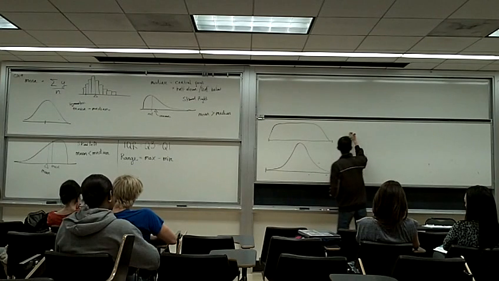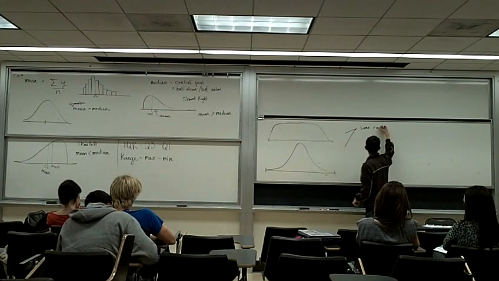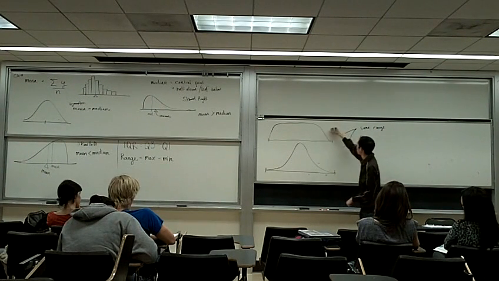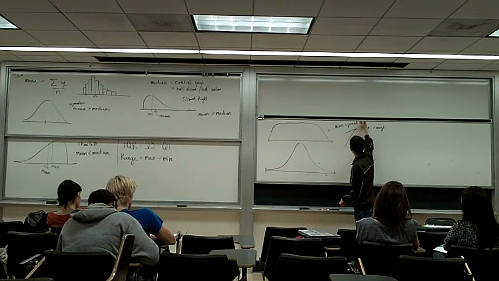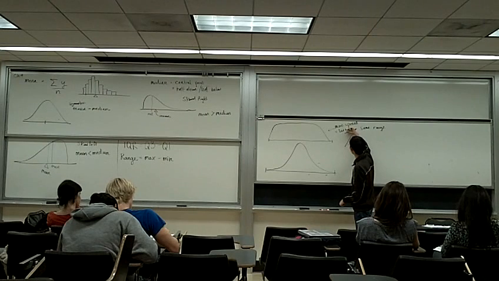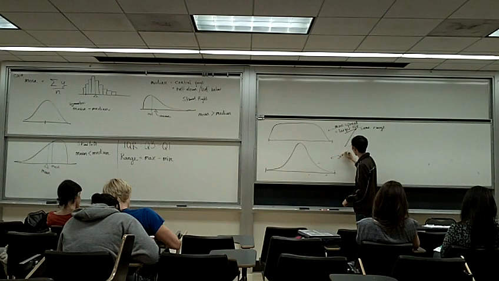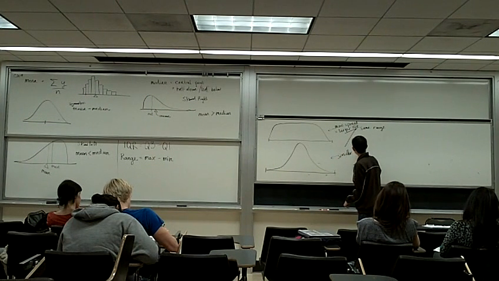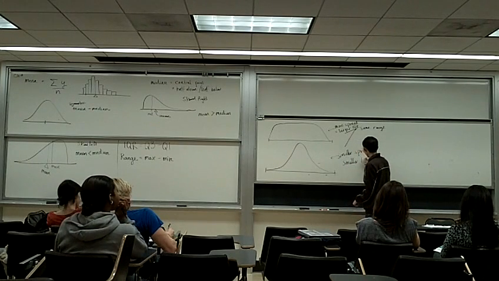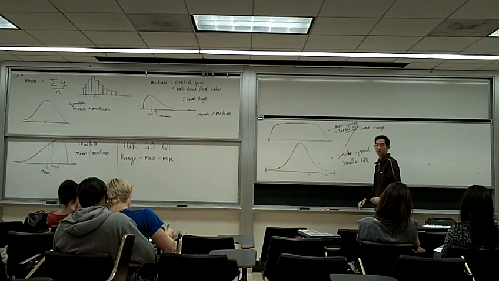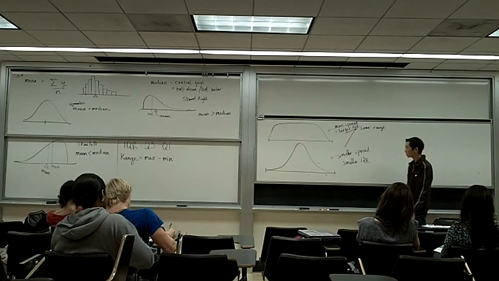So I'll say these two have the same range, but this one has more spread, so that means larger IQR, and this one has a smaller spread and smaller IQR.